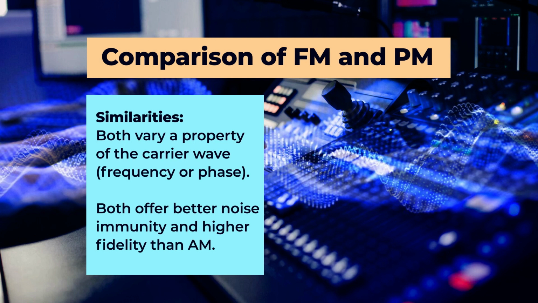Both FM and PM vary a property of the carrier wave, frequency for FM and phase for PM, to encode the information signal. Both offer better noise immunity and high fidelity compared to amplitude modulation systems. Both are used in various communication systems to transmit information effectively.